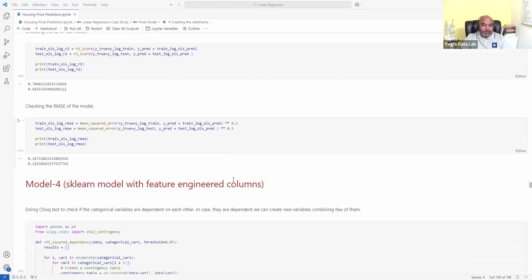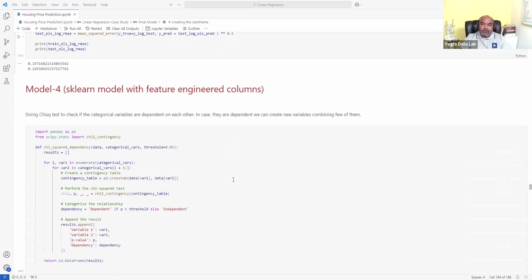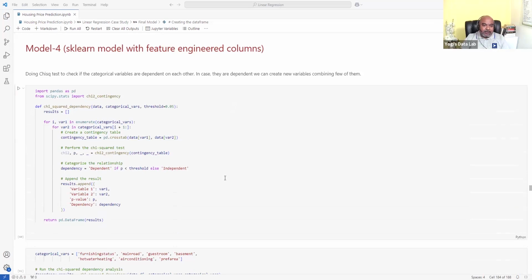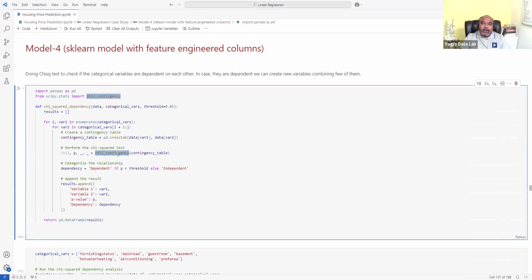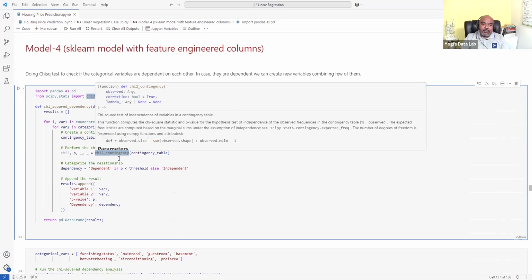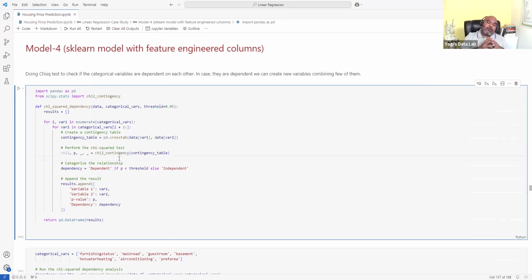Now, when we are building this model and going ahead with feature engineering, what I've done here is I have gone ahead and run a chi-square test to determine which of these categorical variables are dependent on each other. If the categorical variables are dependent on each other, it will help me to create some features because of the dependency.